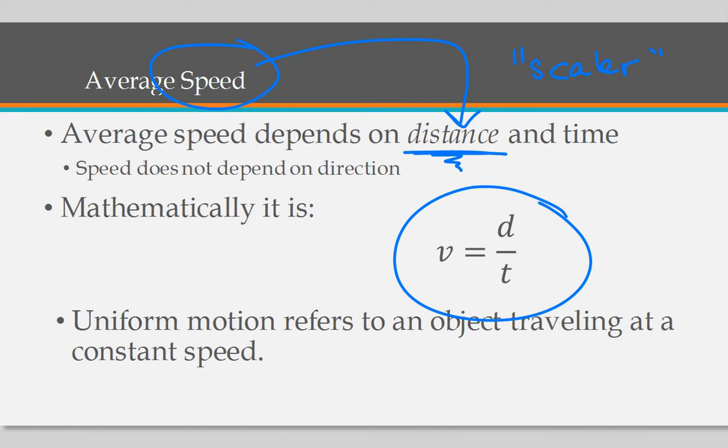Okay, and then this word, this is a key word that you need to know. Uniform motion, constant speed. Those two things are interchangeable. Uniform motion, constant speed. In other words, acceleration is 0. It's not accelerating. The speed is remaining the same.